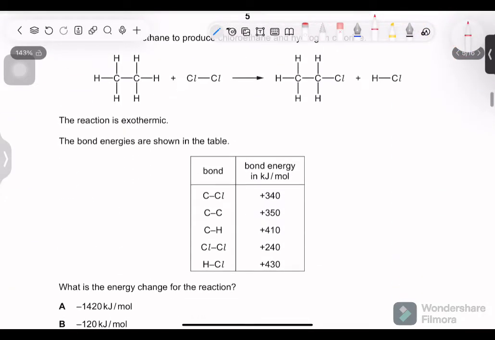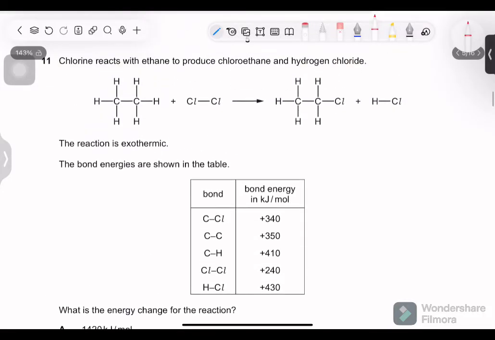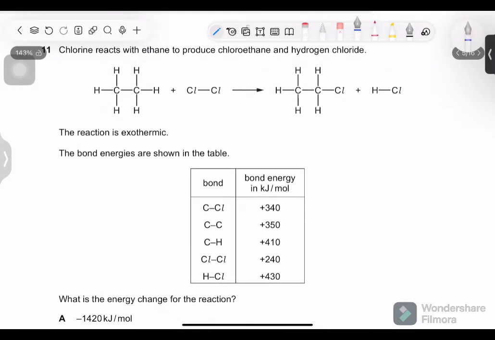Chlorine reacts with ethane to produce chloroethane and hydrogen chloride. The reaction is exothermic. The bond energies are shown. We need to calculate the energy change. So pretty simple. The formula is energy in minus energy out.